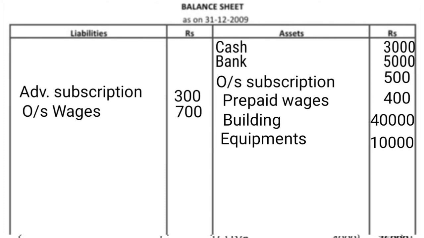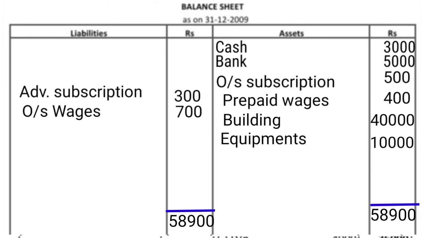The total of the asset side is rupees 58,900. In the liability side only 1,000. We know the balance sheet should tally, right? Both sides should be equal. Okay, I will write this 58,900 in the liability side also.